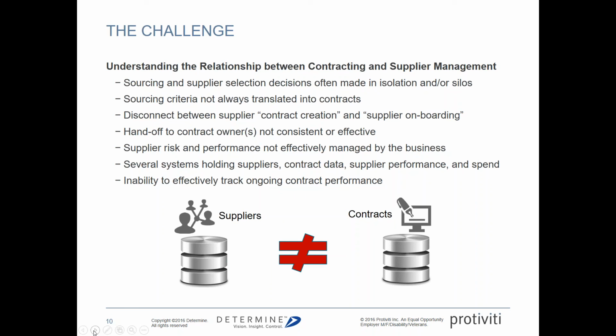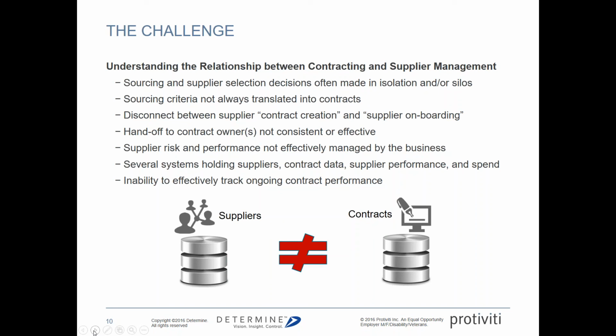Supplier risk and performance is not effectively managed by the business. With any third-party entity, we often think there are hundreds and hundreds of documents created. In some cases, some people think the average number is about 1,500 pieces of data associated with a particular party. How do you manage that if you don't have proper processes and technology in place to do that?